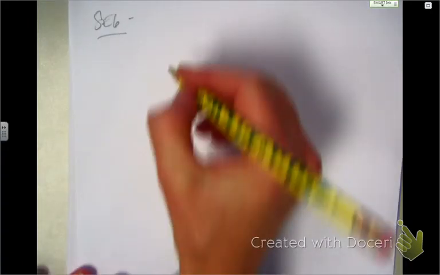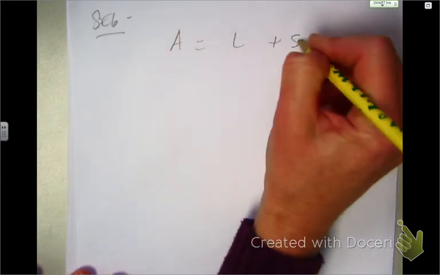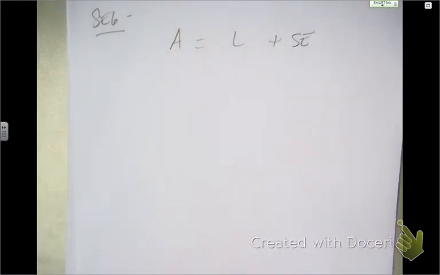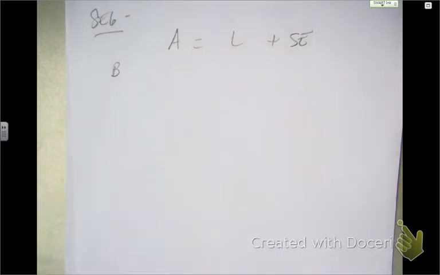Again, just showing it to you my way. We're going to use and start with the basic accounting equation. What's the accounting equation? Assets equals liabilities plus stockholders' equity. Okay? And this problem is, at the beginning of the year, Helena Company's assets were $90,000 and its stockholders' equity was $50,000. So let's start with what we know. At the beginning of the year, so we'll put B here, beginning of the year.